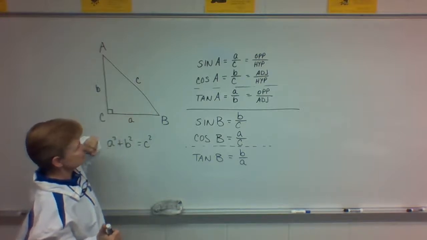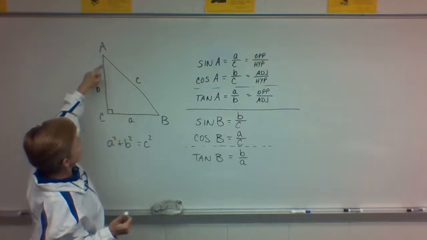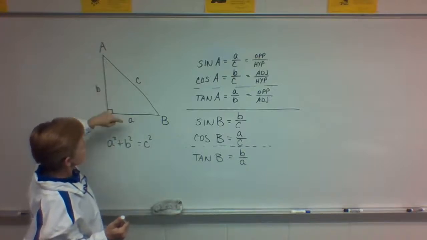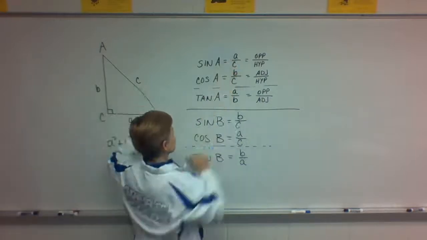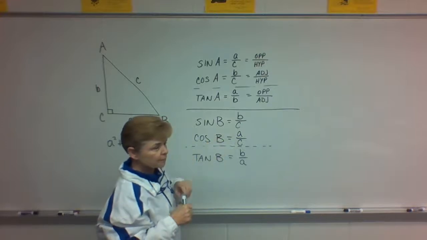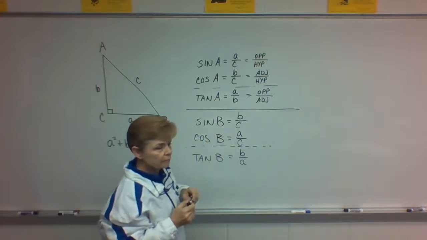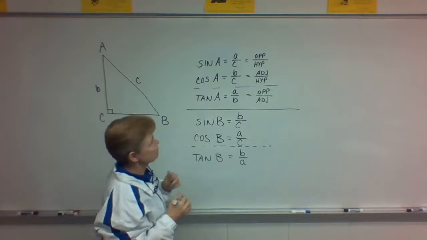So take a look at this and look up here, and I'll point it out to you. The sine of A is the same as the cosine of B. It's also A over C. So think about this with me. Focus really tight on this.